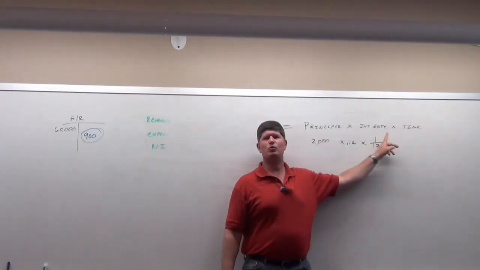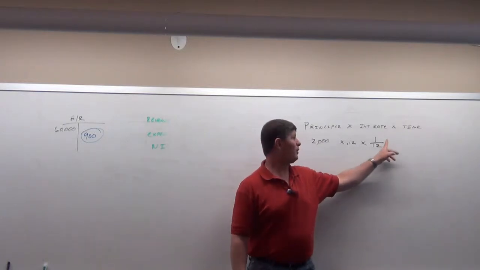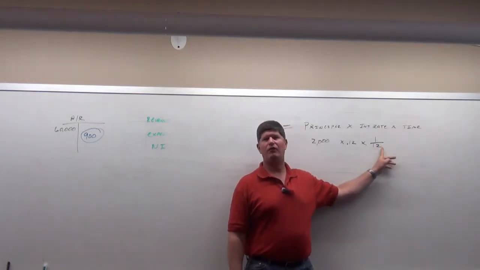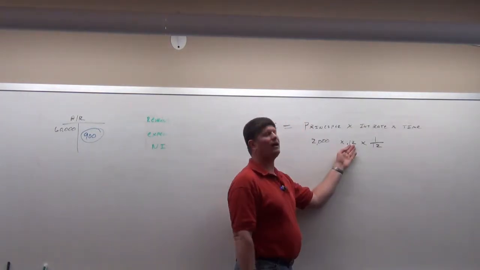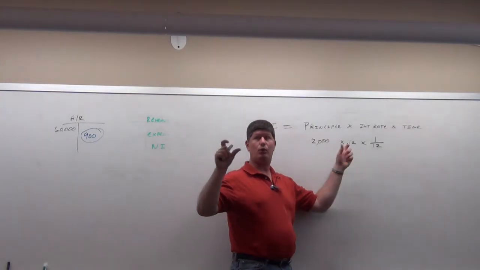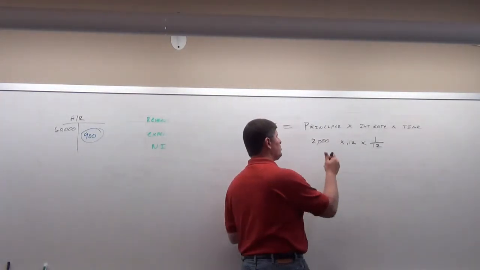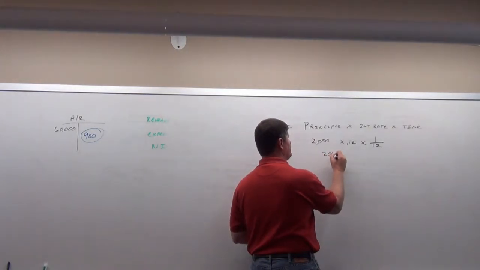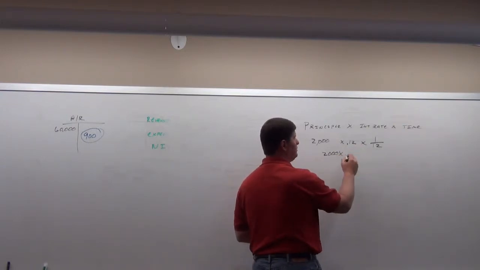So my time period is 1 month out of 12. If I borrowed it for 2 months, it'd be 2 out of 12. If I borrowed it for 6 months, it'd be 6 out of 12. And you need to do that to modify the interest rate to make it a monthly amount or a quarterly or a semi-annual amount or whatever you're doing. So what's 2,000 times 0.12 divided by 12 is what?